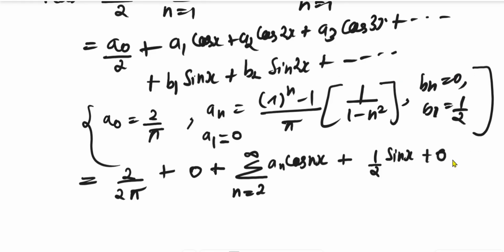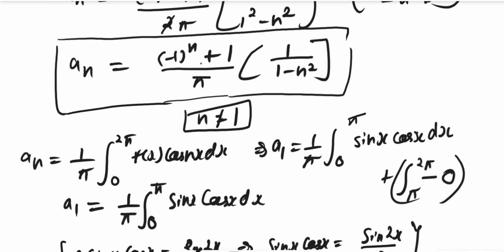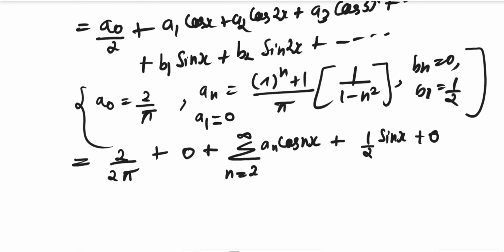So the further terms will be 0. So this becomes, an was minus 1 raised to the power n plus 1. So below, plus will come, as the minus we had taken. Here it is plus. So an is minus 1 raised to the power n plus 1 divided by pi, 1 upon 1 minus n square. In this the 2 cancels with 2.